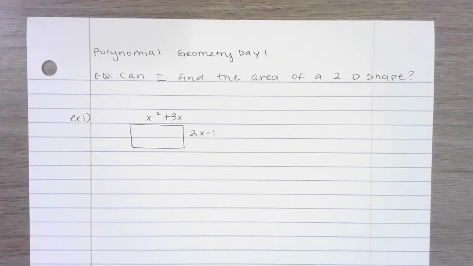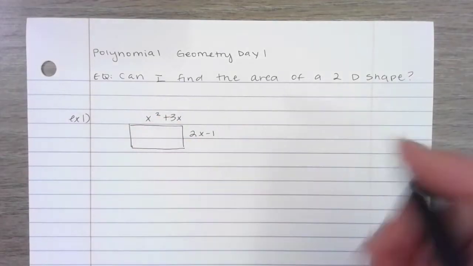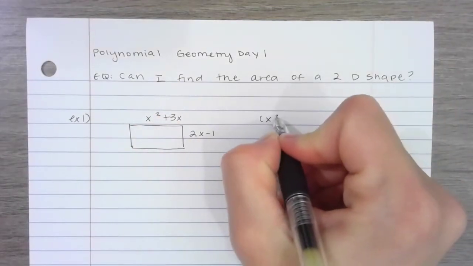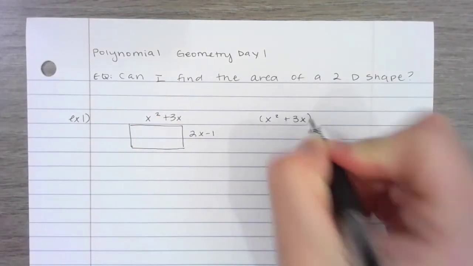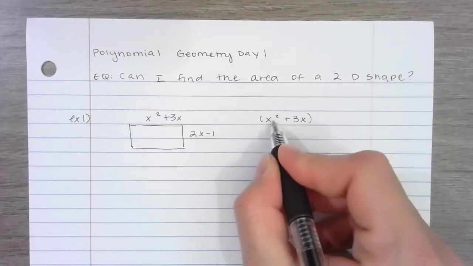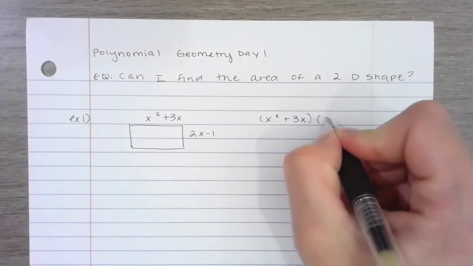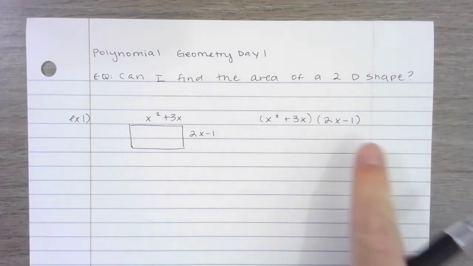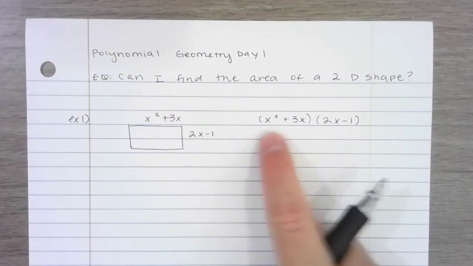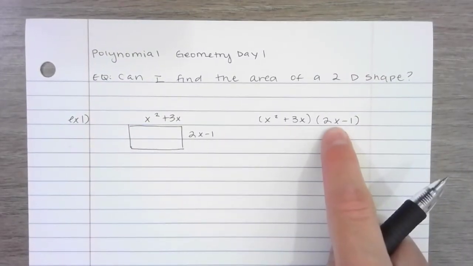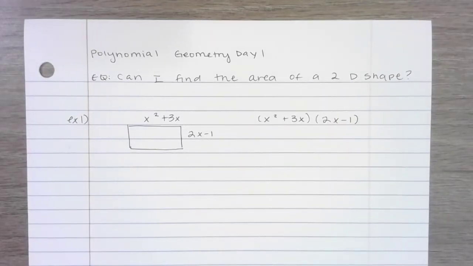The area of a rectangle is length times width. So instead of just multiplying 2 numbers, we are going to multiply these 2 binomials. We have a quadratic binomial because the biggest exponent is a 2, and we have a linear binomial. Binomial because they have 2 terms, linear because the variable is to the first power.